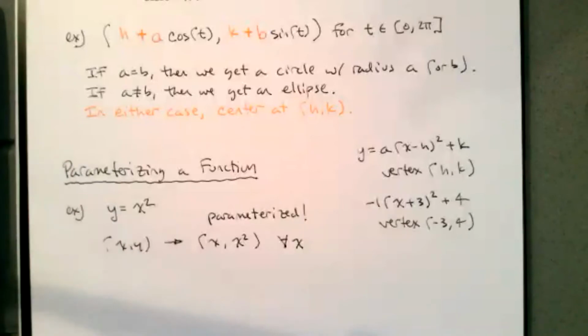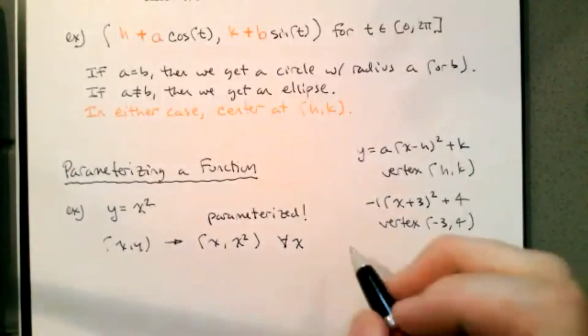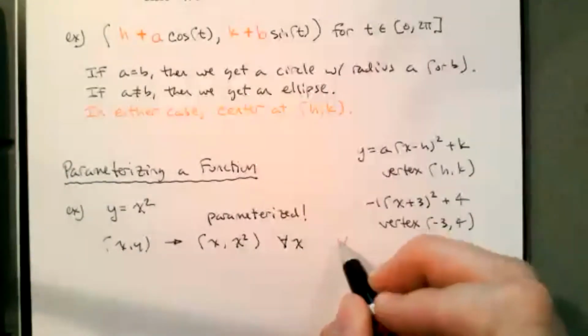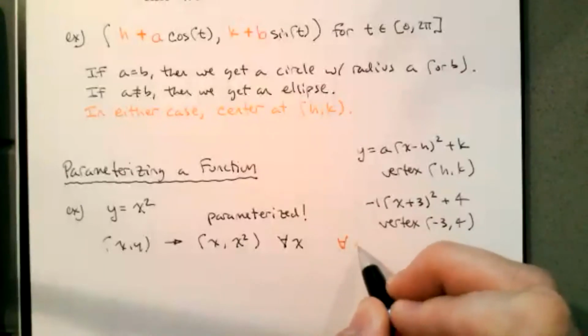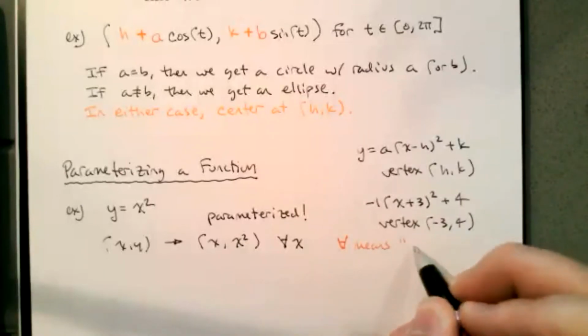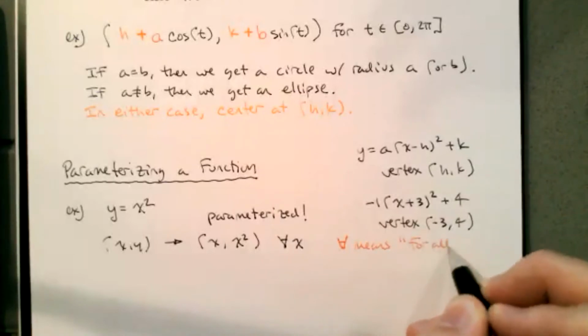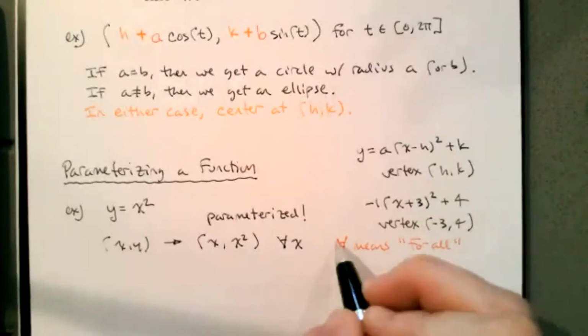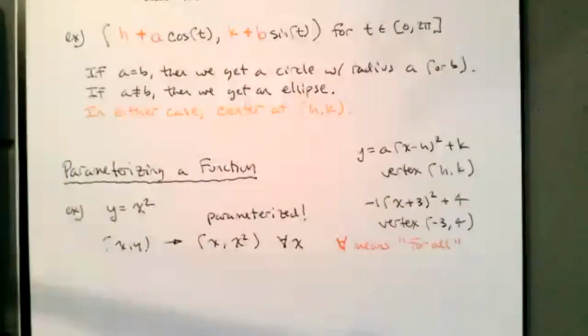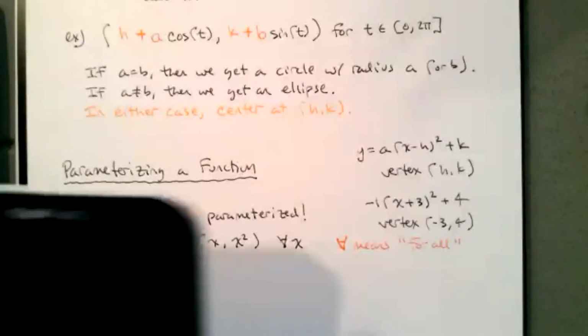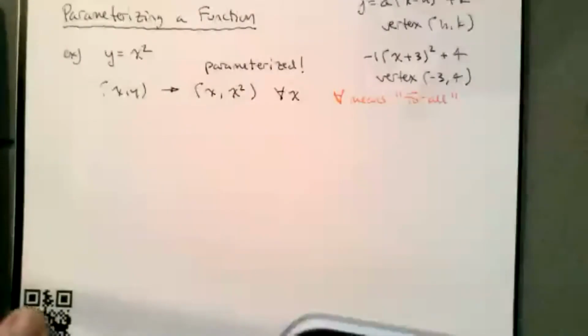The upside down A is an abbreviation for all. So there's our parameterization.